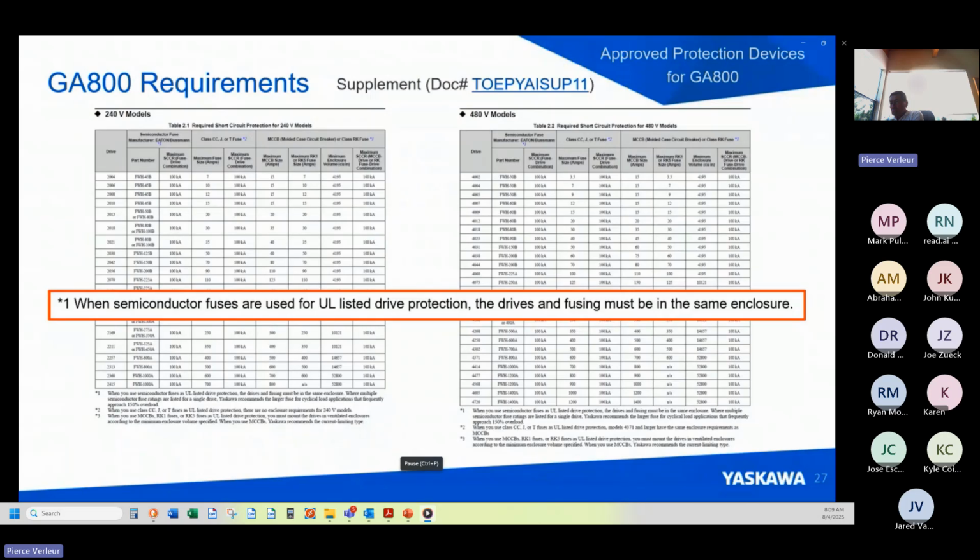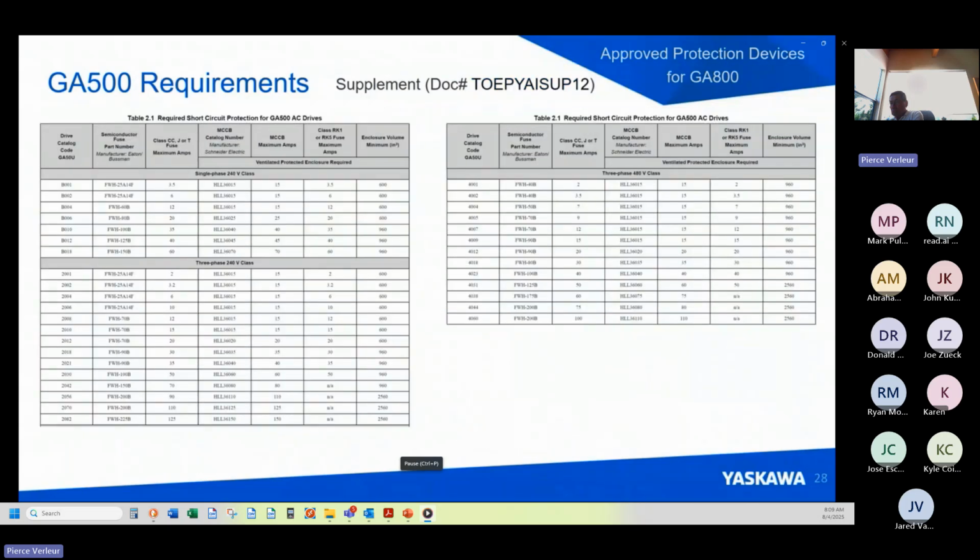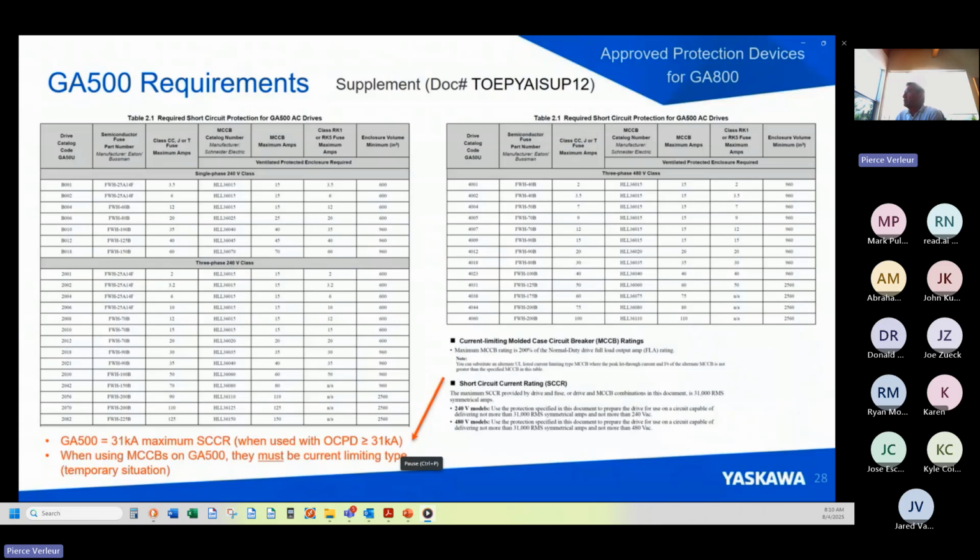And then we also have a similar document for the GA500. It has slightly different limitations. First of all, the GA500 is limited to 31,000 amps maximum SCCR. So that's an important difference. And then as far as the MCCB style that needs to be used, it's actually very specific right now in the case of the GA500.